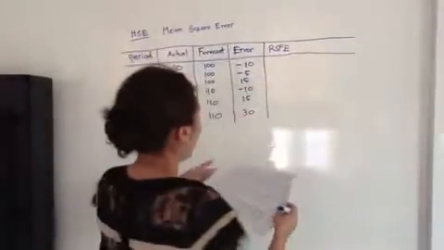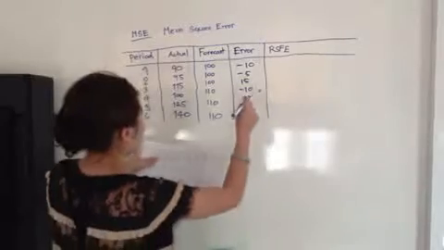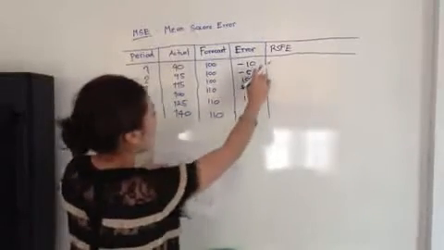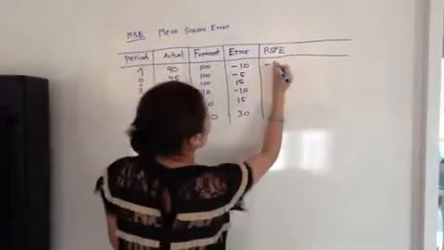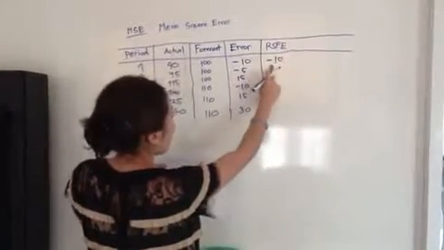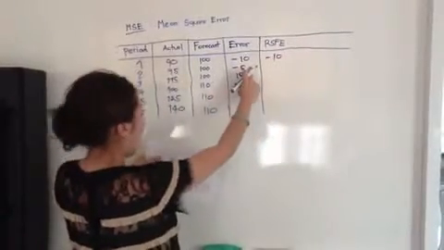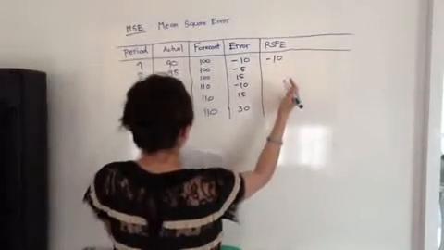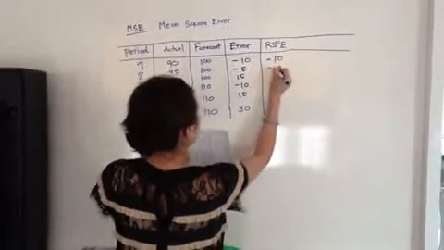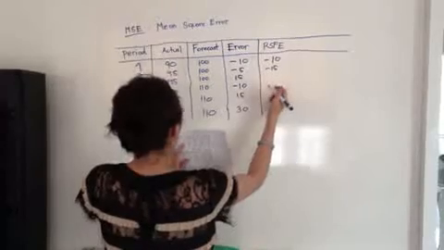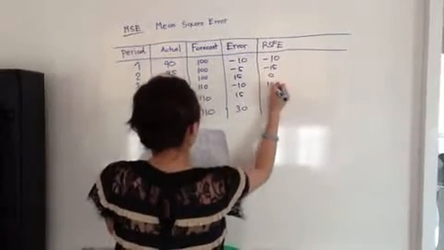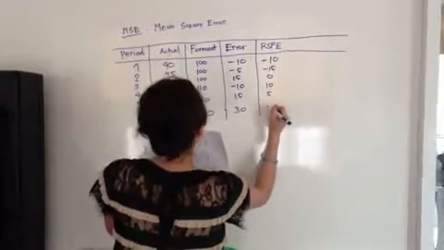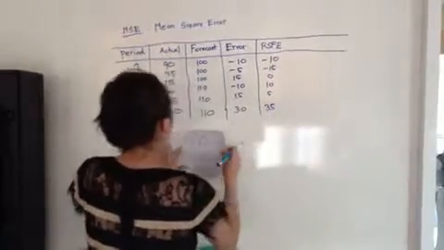The RSFE, the way you can define it, is the sum of errors. So the first period, the RSFE is minus 10. Then minus 10 plus minus 5 is minus 15. And you do the same thing for the rest, so it's 0, 10, 5, and the 6th period is 35.